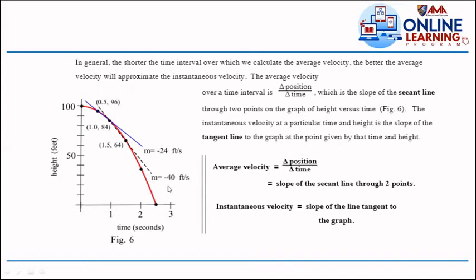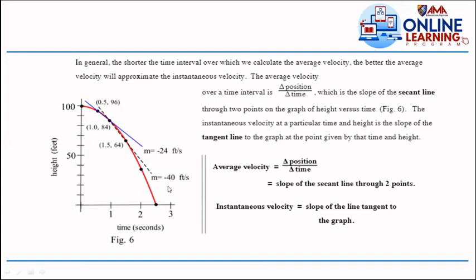The instantaneous velocity at a particular time and height is the slope of the tangent line to the graph at the point given by the time and height. So we have the average velocity is equal to change in position all over the change in time.